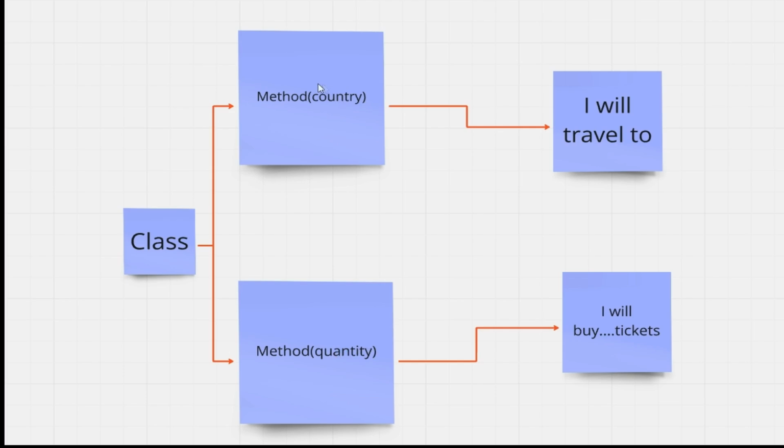So I pass to this method New York, then it will be "I will travel to New York." I pass to the second method the quantity of tickets, 2 or 3. It will be "I will buy 2 or 3 tickets." So the method is a subdivision of a class, which enables me to call a specific piece of code within the class through the object which is created with reference to this class.